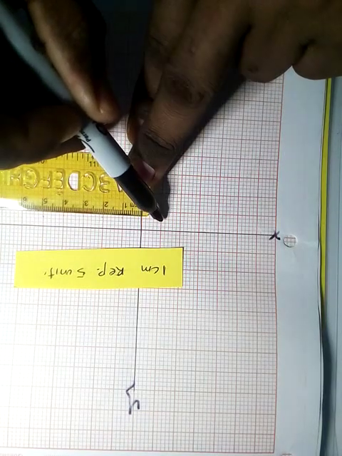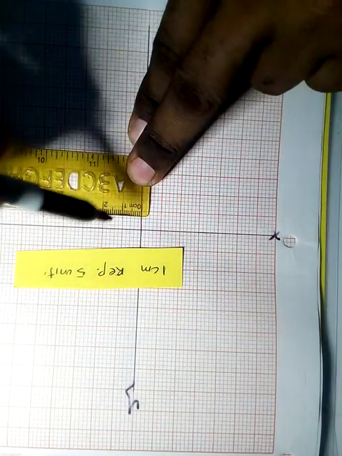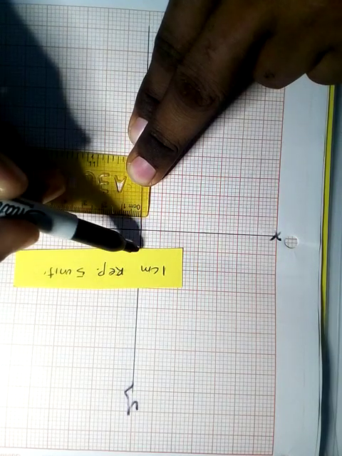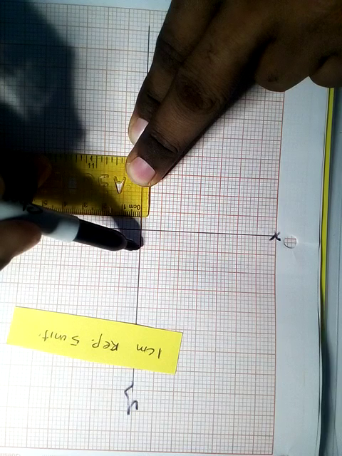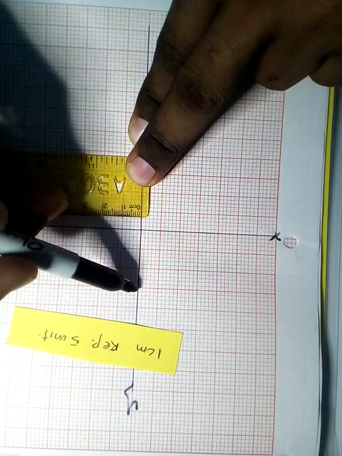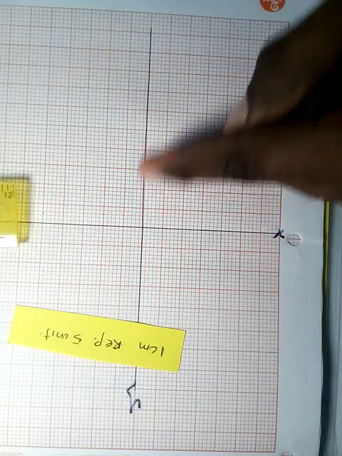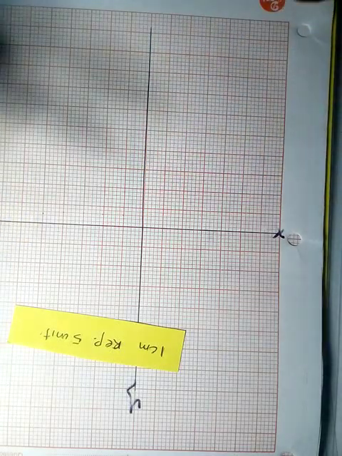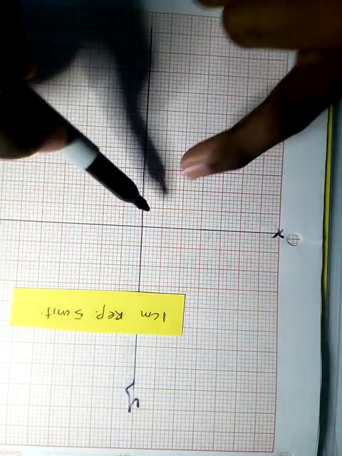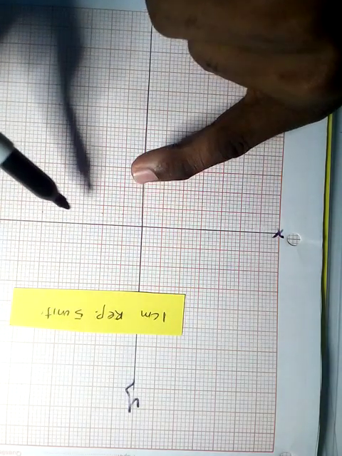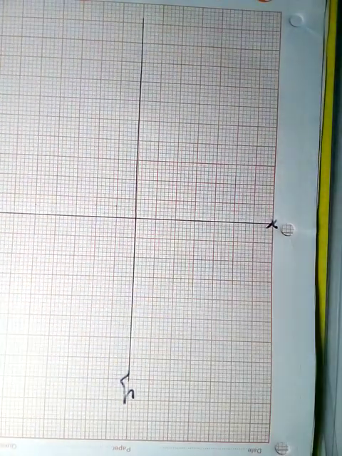To your left, negative 5, negative 10, negative 15, and so on. And up from the origin on the y-axis, every 1 centimeter, 5, 10, 15, 20, and downwards, where the negative values are found, negative 5, negative 10, negative 15, and so on. So 1 centimeter representing 5 units means every 1 centimeter apart we are counting up by 5 or down by 5.